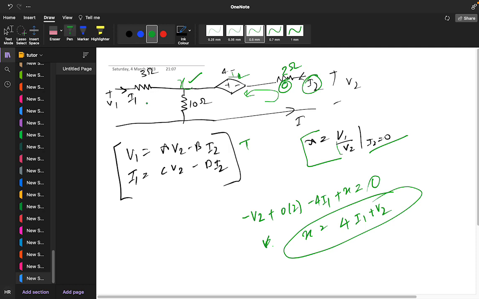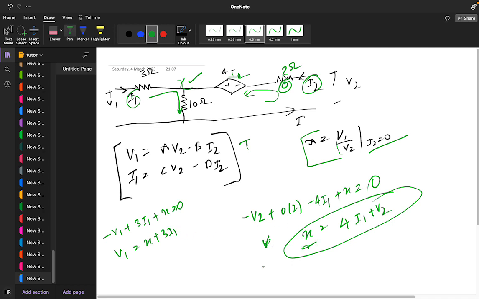This is the I1 current. This I1 current directly will come, because this I2 current is 0. So another equation you are getting: minus V1 plus 3I1 plus X is equal to 0, and V1 value is X plus 3I1.